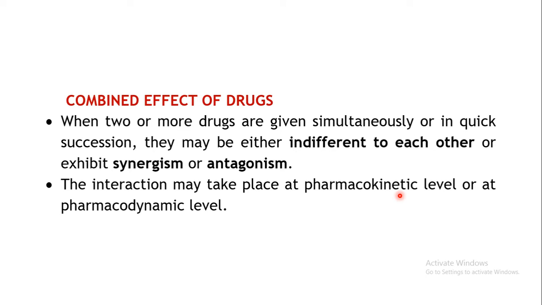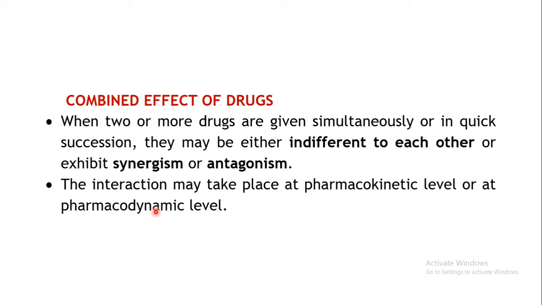Now, in the same way, pharmacodynamic interactions also may take place. We have seen what pharmacodynamics is, how exactly the drug interacts with the receptor, and how it causes changes in the biological effect. So when two drugs are given together, there may be changes in the actions or the effects of one drug which are caused by another drug.